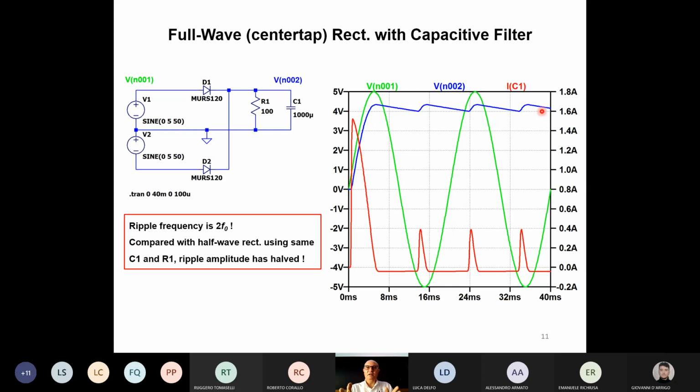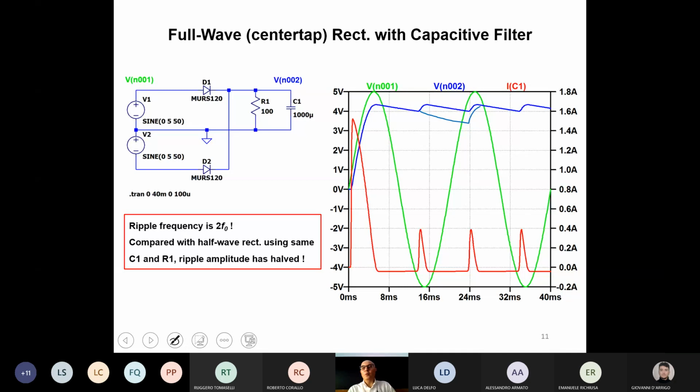If I consider a circuit like this in the previous case, I can use the pen. The capacitor will discharge from here to here, and I lose charge.